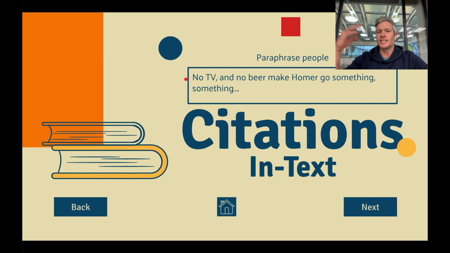And Homer is kind of losing his mind, and he's muttering in this room and has written all over the walls, no TV and no beer make Homer go something something, like he couldn't remember the words, right? So again, we're not looking for direct quotes. Paraphrasing, and hopefully something a little bit more detailed and specific than something something, is ultimately what we're going for.